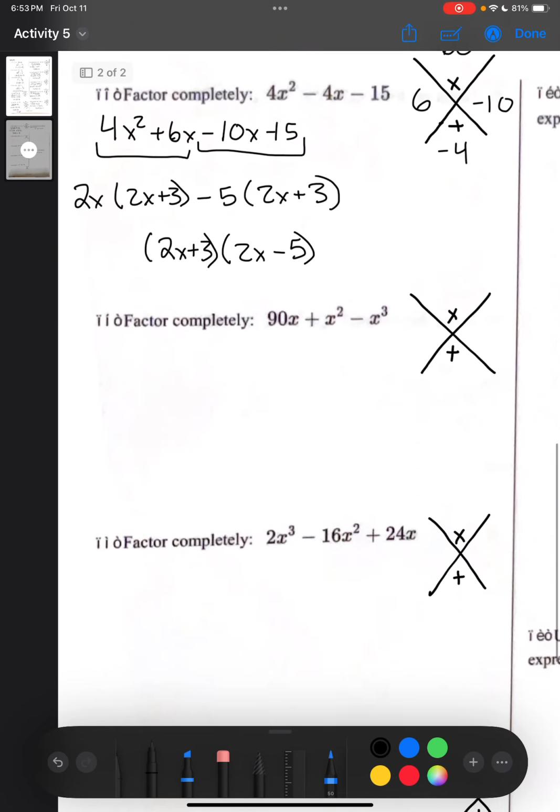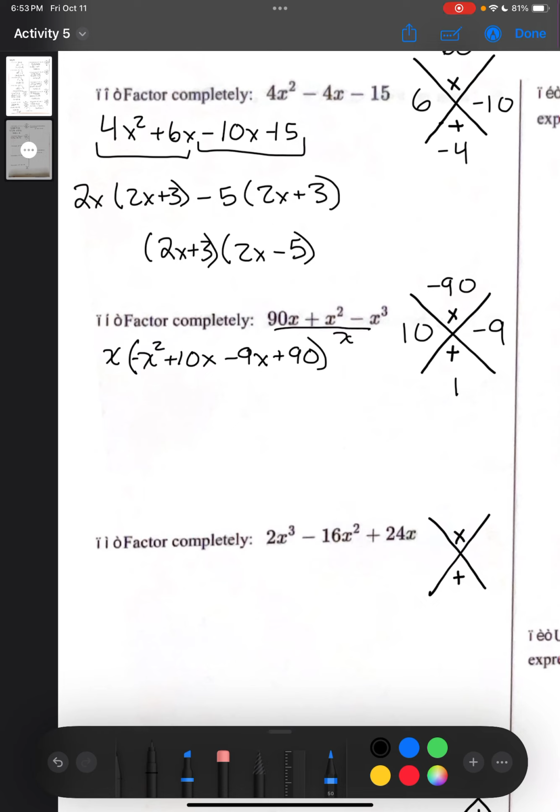Alright, on this next one, we're wanting it to multiply to negative 90 and add to 1. That should leave you with 10 and negative 9. I got that through, we've got to first take out the x. Sorry about that. So negative x squared plus 10x minus 9x plus 90. And I took out an x first to get to that middle part. And through there we get x.